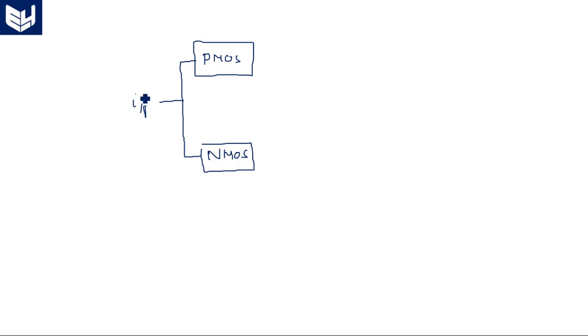Suppose if it is a single input, then we take the common terminal and apply A. And if it consists of two inputs, then A is one input and B is another input, which is again commonly applied to both the transistors. And the output we take from the drains of these two transistors. This is the output terminal. And the PMOS transistor source is connected to VDD and the NMOS transistor's other terminal is connected to ground.